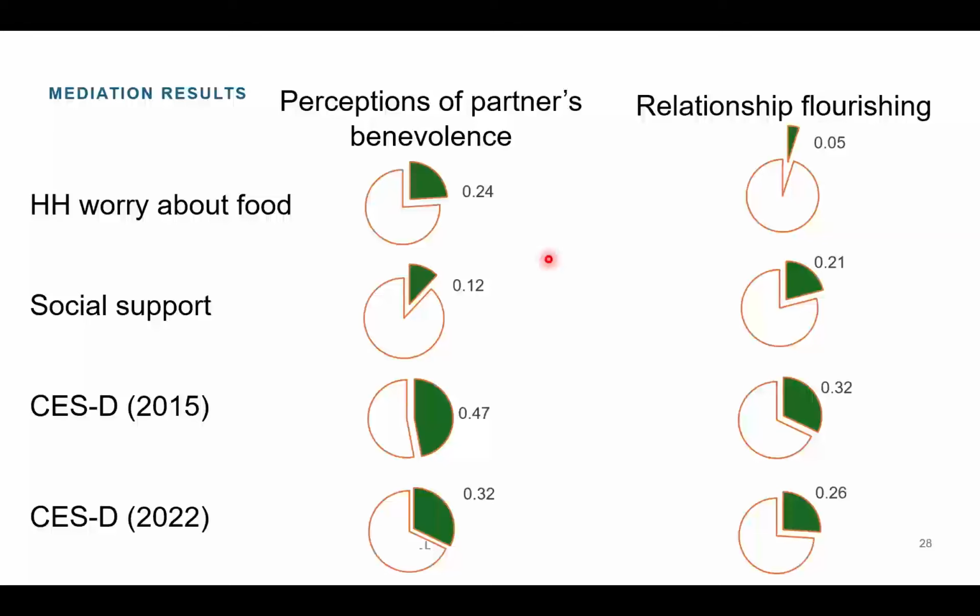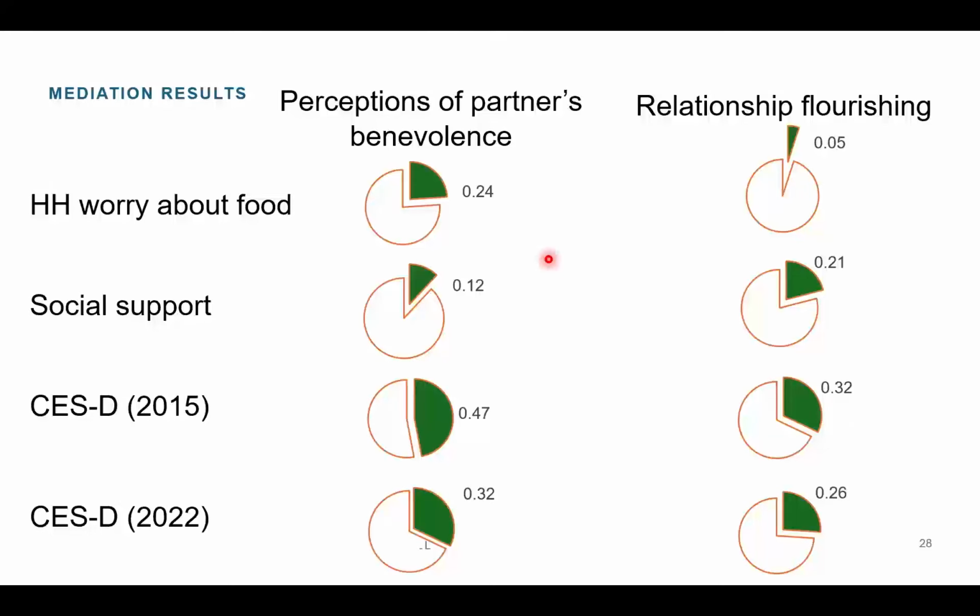We have looked at mediators, and one of the most important mediators is this depression index. We see big positive effects of the program on adolescent mental health, depression, in 2015. And that's a big mediator, meaning that if you did well here in 2015, then it looks like you were in a better relationship in 2021.